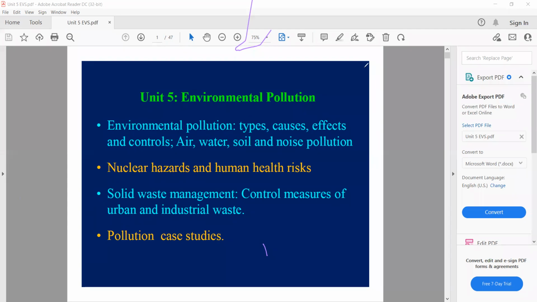Today we will be talking about Unit 5, Environmental Pollution. This unit is quite easy. You will be getting 1 mark, 2 marks and 5 marks questions. This topic is such that you have heard a lot about it before, isn't it?